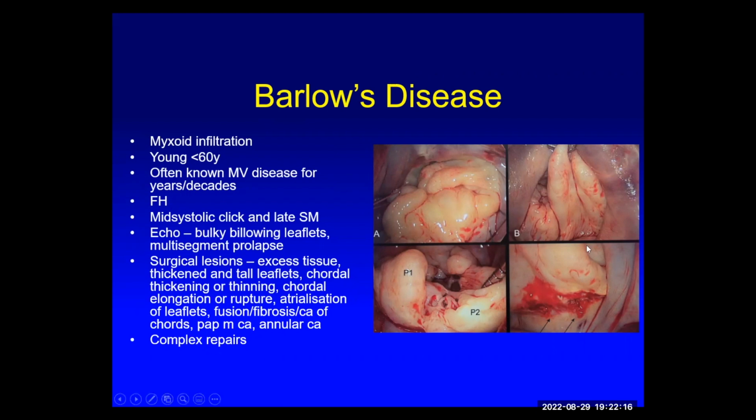Again, there are variable degrees of severity of this disease, but certainly there is a lot more tissue. As somebody has described it, it's a bunch of hemorrhoids. There are ways that you can repair that, and I'll go into that a little bit when I talk about the surgical repair, but for that matter, this is a Barlow valve.